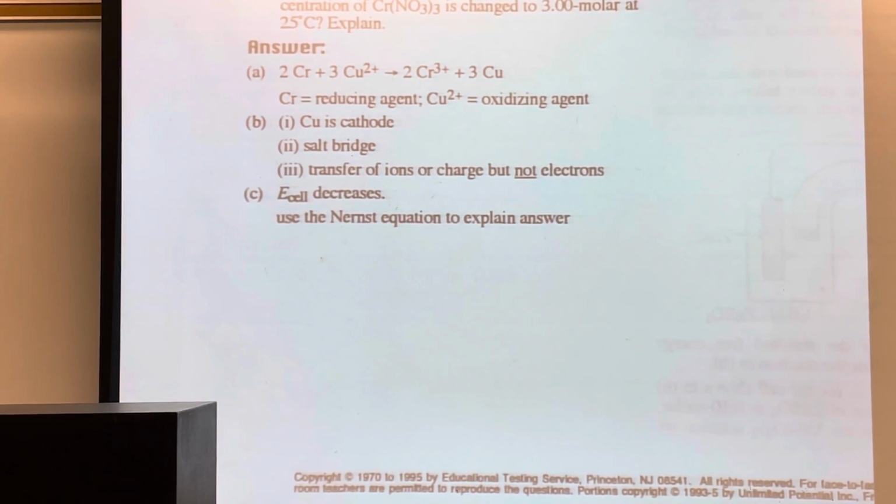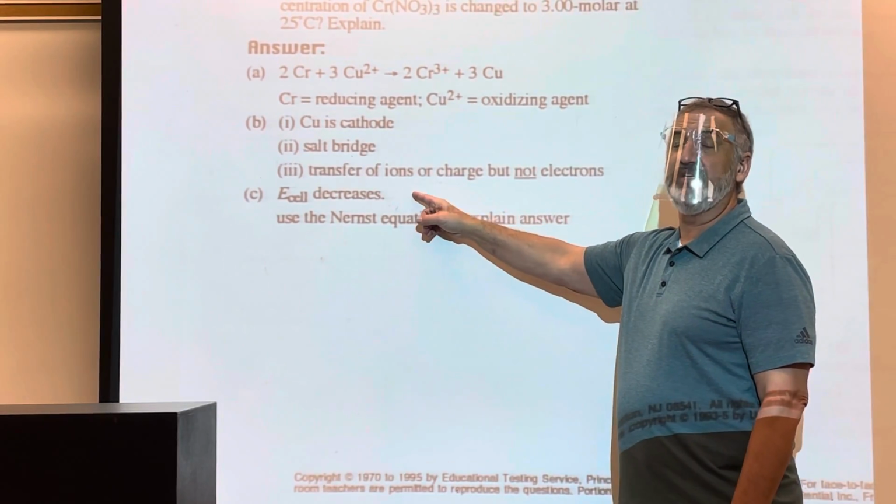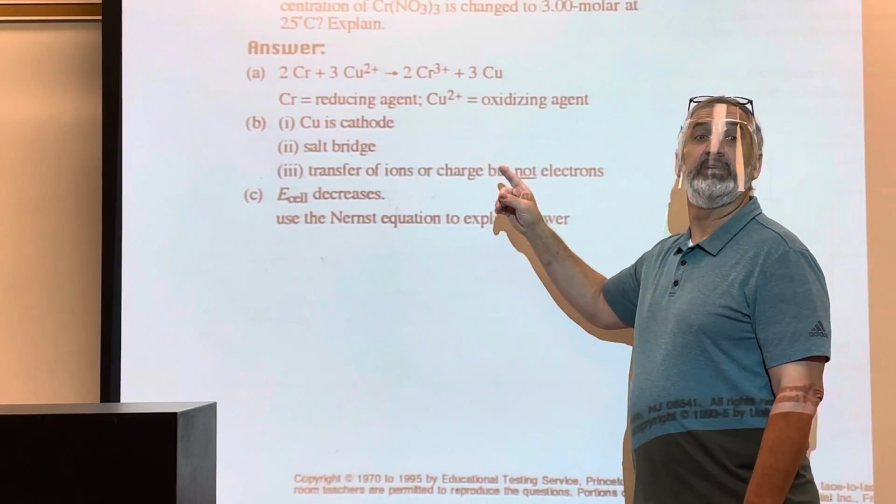You can do it in terms of log of Q, going up or down. Is that the whole thing? So pay attention on the salt bridge when you're answering: it allows maintaining neutrality by allowing charge to flow, or ions.